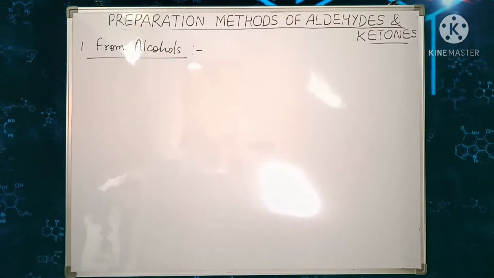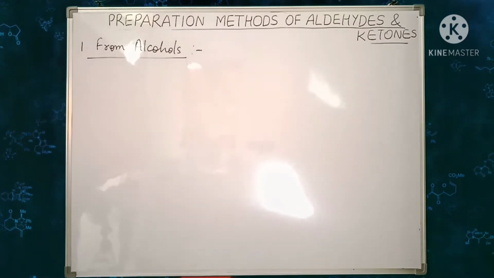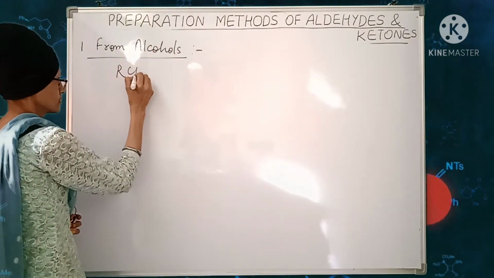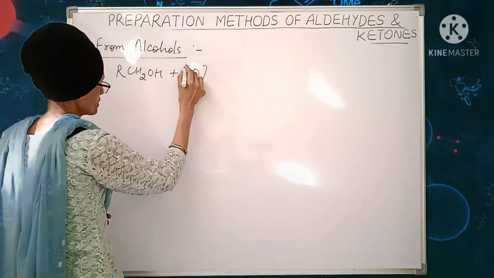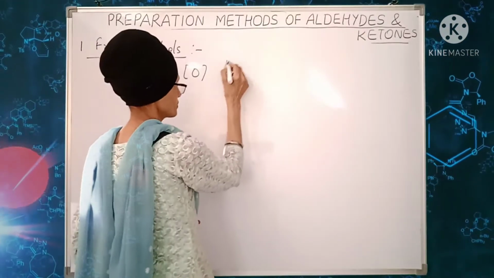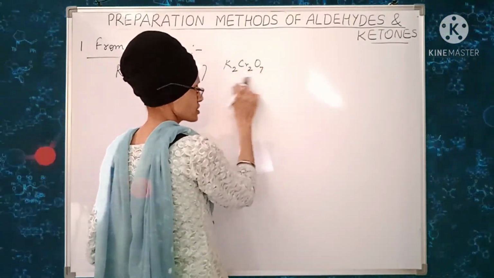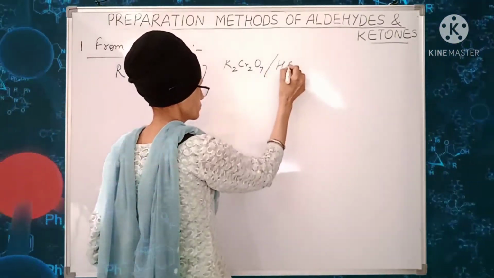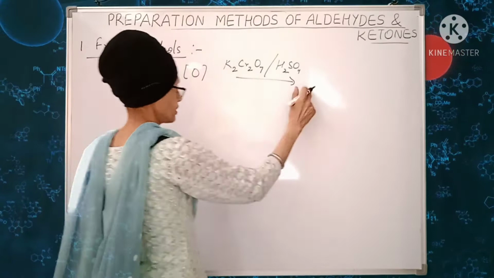So here we are taking primary alcohol or 1-degree alcohol. This 1-degree alcohol is oxidized in the presence of atomic or nascent oxygen coming from this oxidizing agent, K2Cr2O7, that is potassium dichromate in the presence of dilute sulfuric acid, and it gets converted into an aldehyde group.